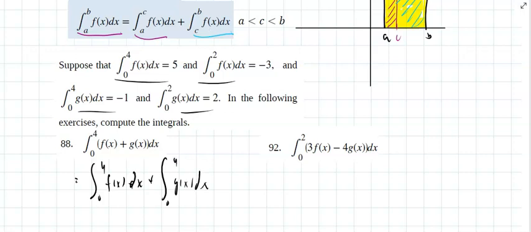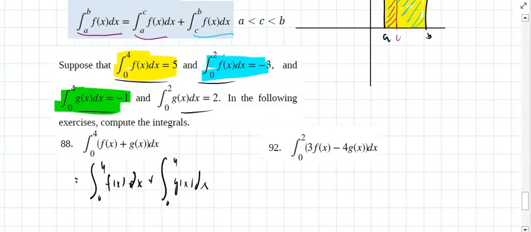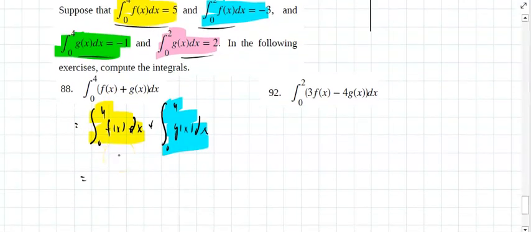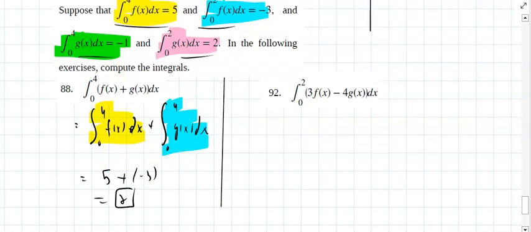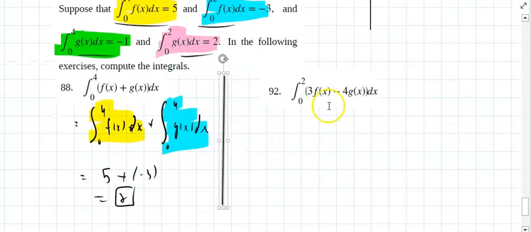Now, if I glance at those, in this case, it seems I'm using 0 to 4 specifically and 0 to 4 of g of x. One of them is a 5 and the other one is a -3. The overall is a 2. That's simple.